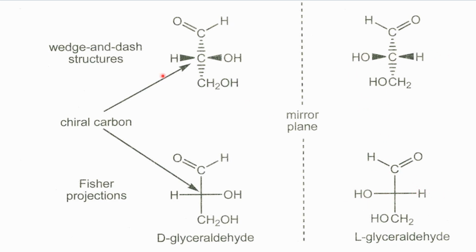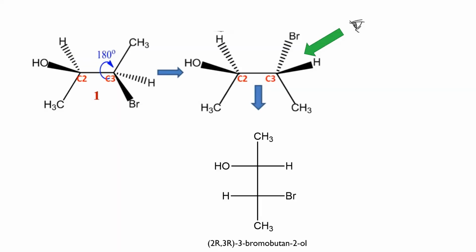This is how we convert the flying wedge into Fischer projection. Bromo 2-butanol is taken here, and in order to have the two methyl groups on the same side, I am doing a 180-degree rotation. After 180-degree rotation, I am having the two methyl groups on the same side. Now I am viewing the molecule from this direction.